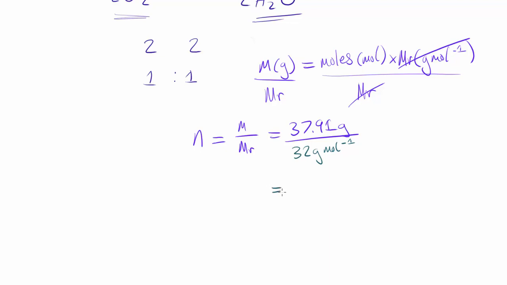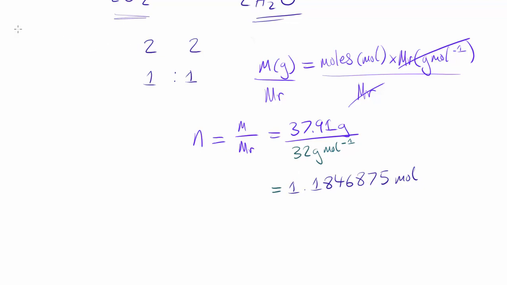I would invite you at this stage to have a go and work this out on your calculator to see what value you get. But if you do that, what you should find is that you get 1.1846875, okay? And that is in moles. So this is the number of moles of oxygen which is reacting.